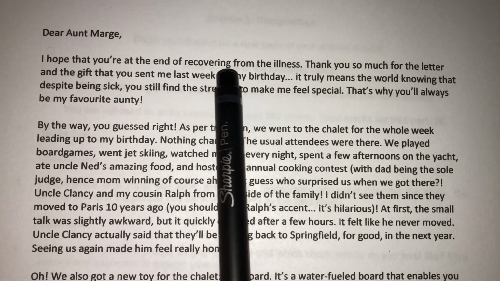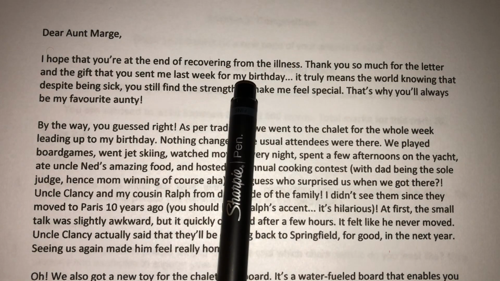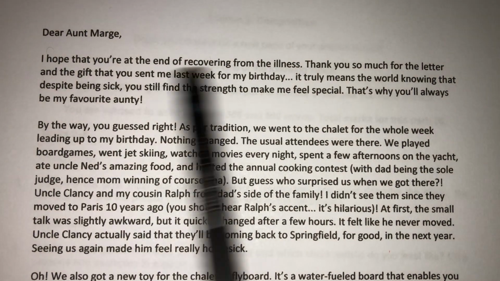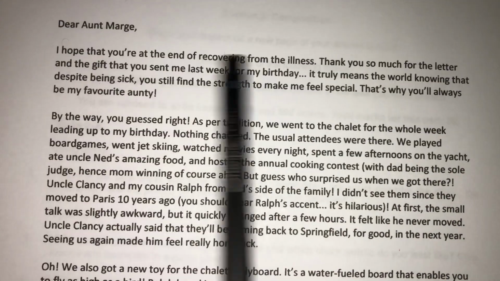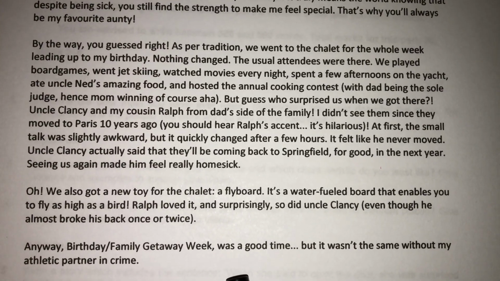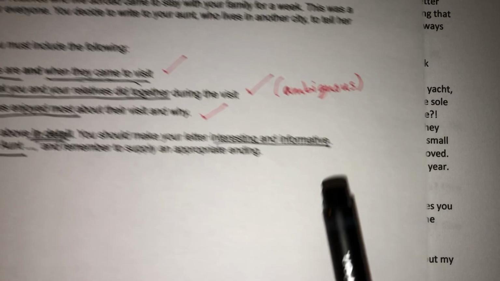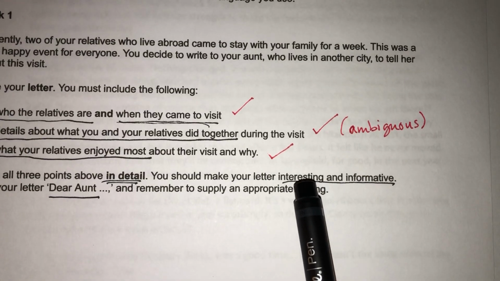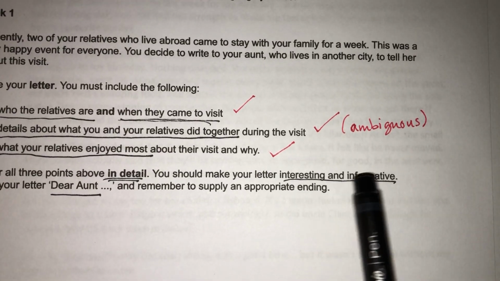She missed the event, but she still sent me a gift and a letter. So my letter is a response to her letter. So it flows pretty nicely, logically, okay? And so I believe it's quite interesting. You can be the judge of that.